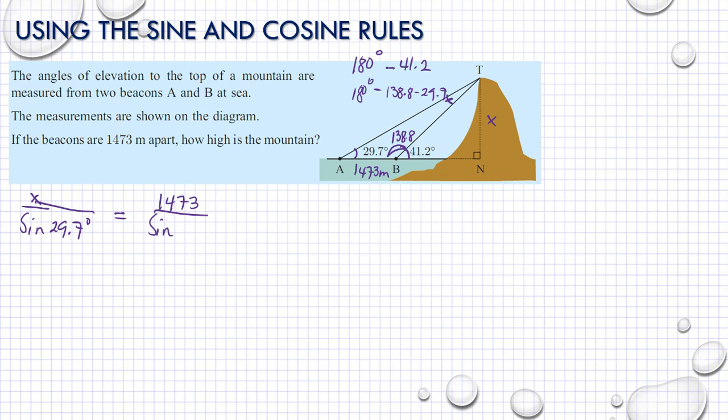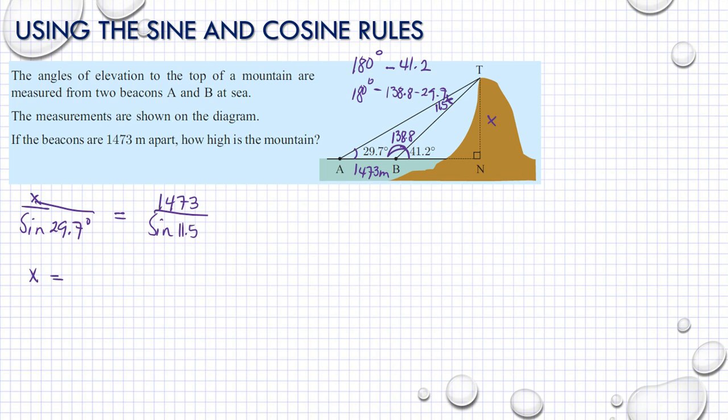So we have 180 minus 138.8 minus 29.7, then we have 11.5. This angle is 11.5. So sine 11.5.